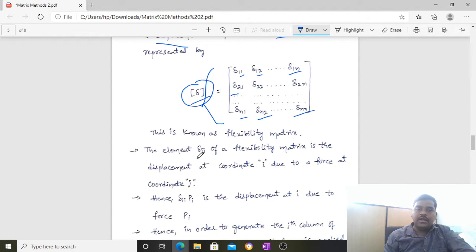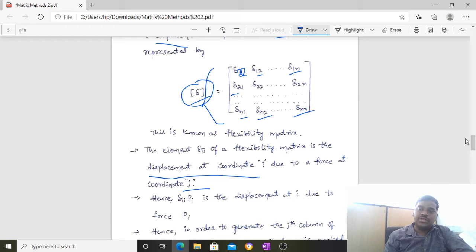The element delta ij, i and j, that is 1 and 1, or n and 2, n and 2. So the first thing is i and the second one is j, and i is due to the force at the coordinate j. Okay, so this means it is the displacement at coordinate i due to the force at coordinate j.